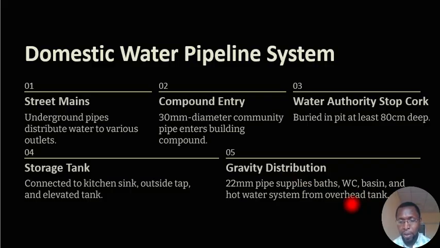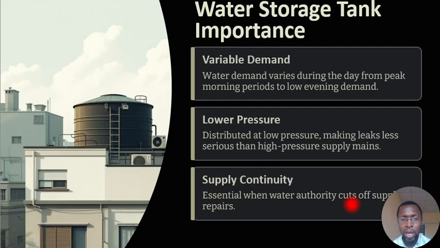All right, so having said that, we can now look at the importance of the water storage tank. What is the importance of having a tank in the house? Everybody knows that when we have water stored in the tank, what it does essentially is to store water.